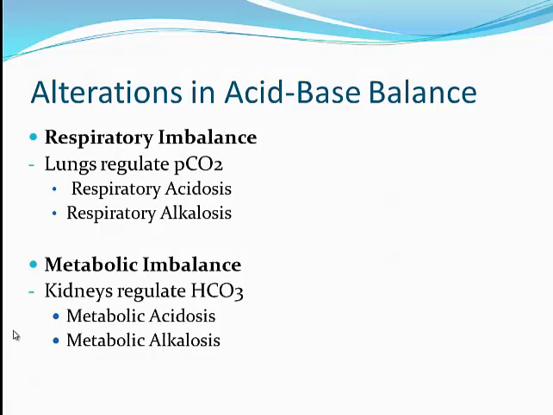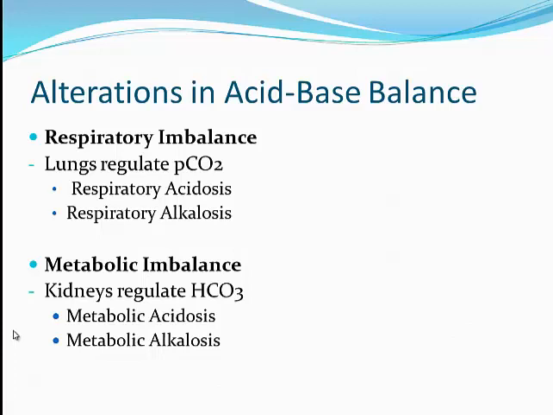Respiratory imbalances. The lungs regulate the PCO2. So the two imbalances that we'll experience with our respiratory system are respiratory acidosis or respiratory alkalosis. These are the only two that will never occur together at the same time. The reason is you cannot hyperventilate and hypoventilate at the same time. So try to remember that.